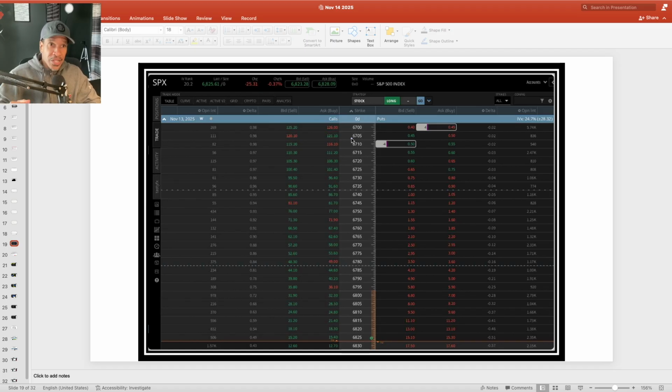And so obviously it's going down. I'm looking to place my position in the direction in which a 20-point move has been made, and that was to the downside. So I placed my position at 67.10 and 6,700. You can see here, this is a $10 wide spread, and here is the expiration date.